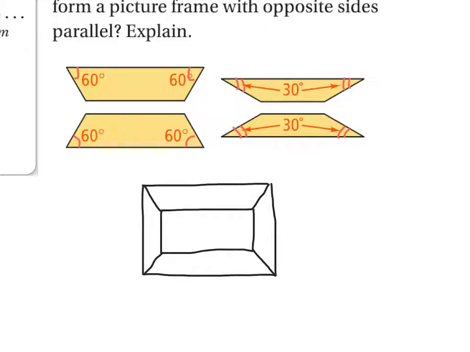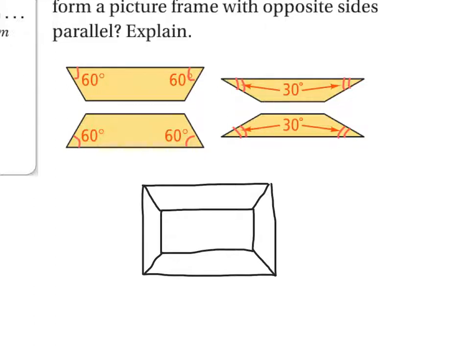Okay, what do we know about the opposite sides of a rectangle from previous knowledge? They should be parallel. They should be the same length. Okay, good. What do we know about the angles in a rectangle? They are what kind of angles? Right angles. A right angle measures what? 90 degrees.